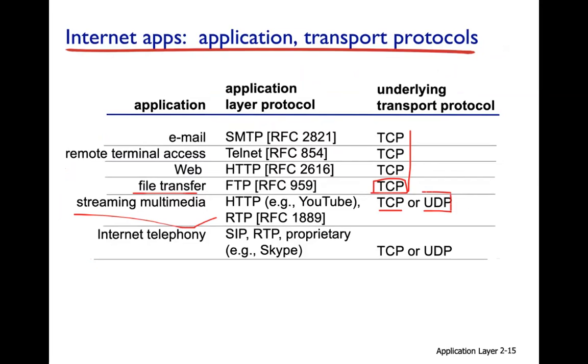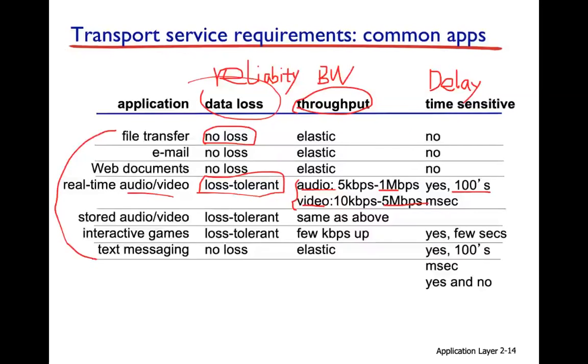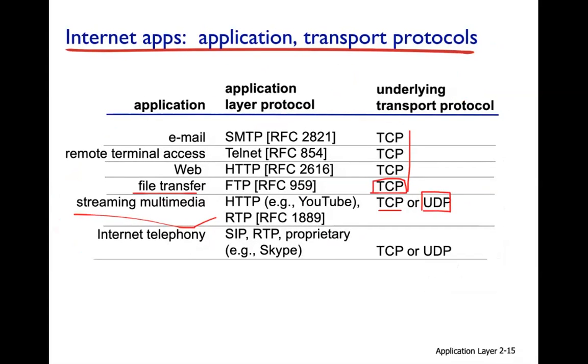You can choose UDP. Why? Because it's not about reliability. It can be loss tolerant, but the bandwidth and the delay you should consider. TCP may need retransmission, so it will add too much delay. So it will not be acceptable for video, especially for video.